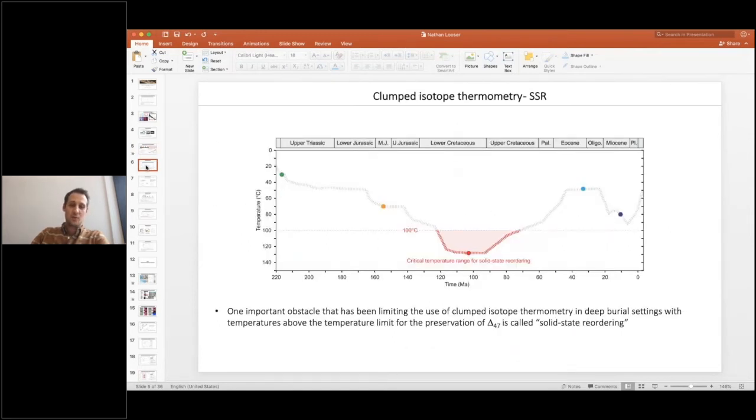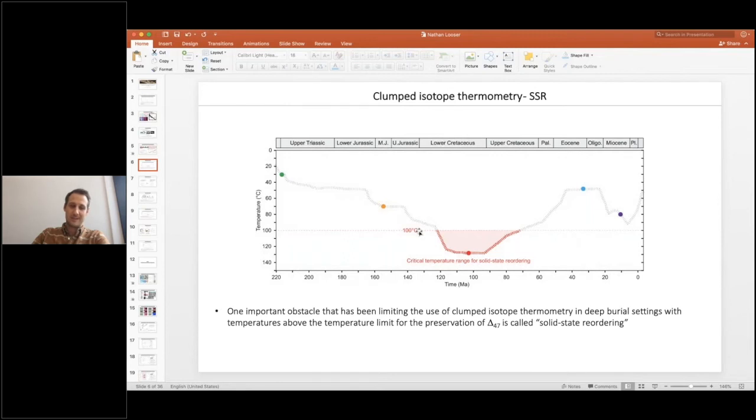When it comes to deep burial settings, there is one important obstacle that has been limiting the use of clumped isotope thermometry, and that is called solid state reordering. Solid state reordering takes place at high temperatures, higher than 100 degrees, more or less.